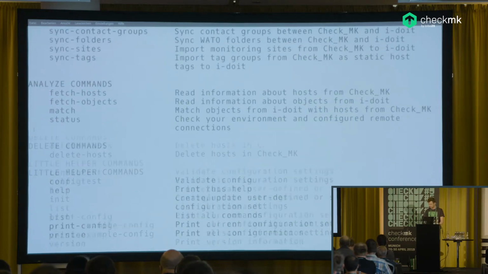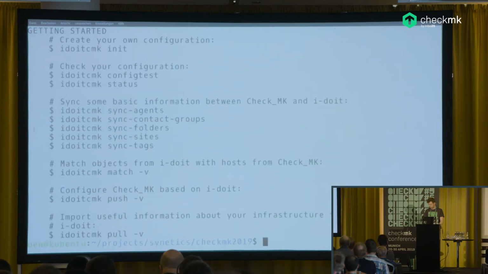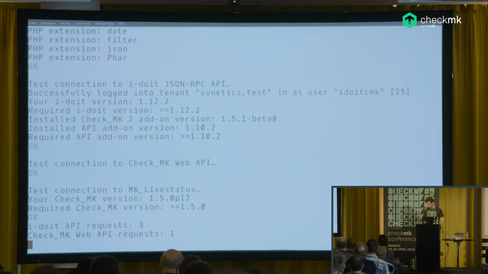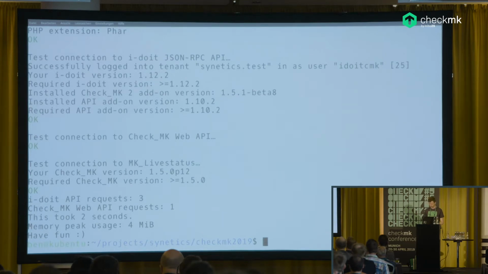Then there are many minor commands, auxiliary commands, and some of them are quite important, others are not, like the i-doit CMK init that we can see here. I've already done that. What we could have a look at is status, whether my network's on. This looks very nice. I can work. Sounds great.